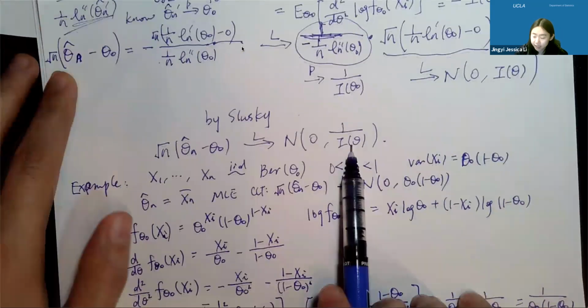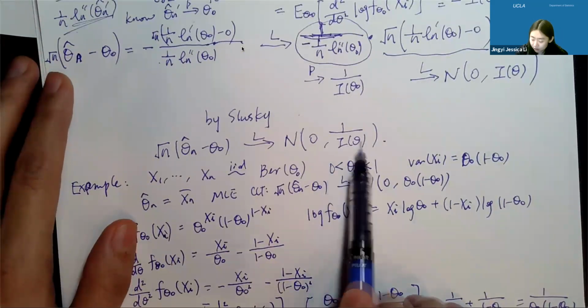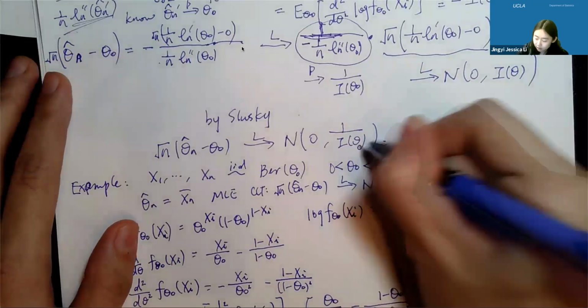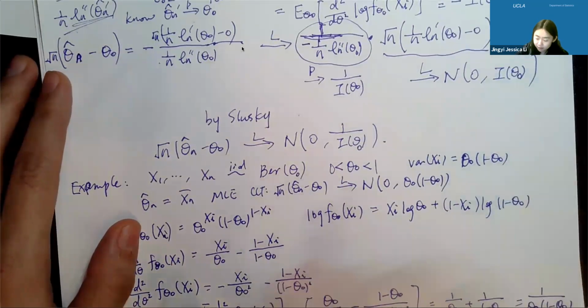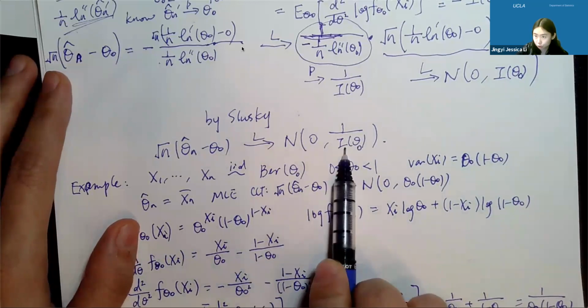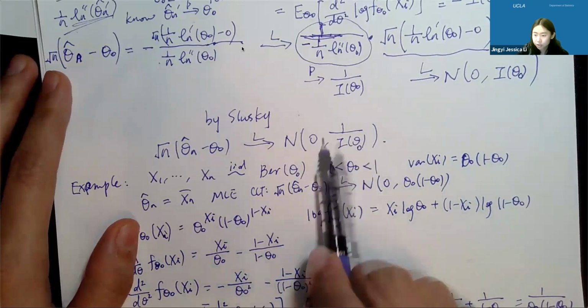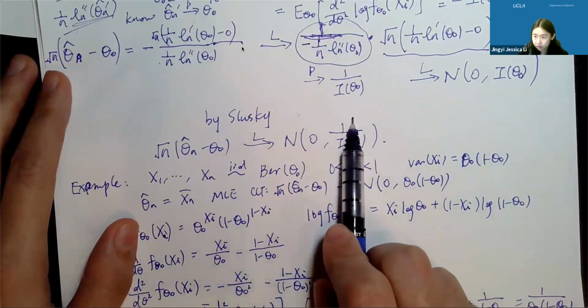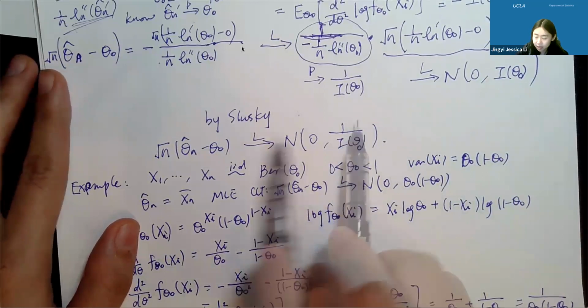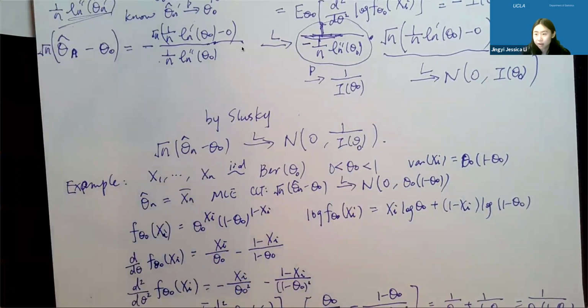You see, having a large Fisher information at the true value, theta 0, will give you a small asymptotic variance. That means your MLE will be closer to the true value, and the MLE will have smaller uncertainty given the sample size. So I hope that you will find those things now have some connections.